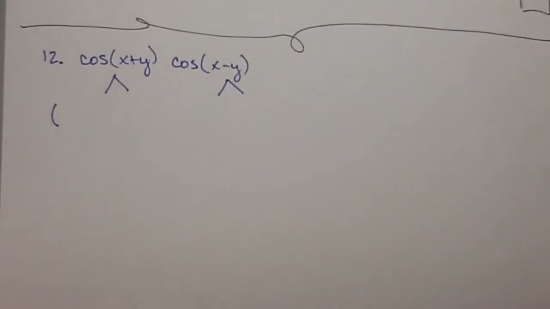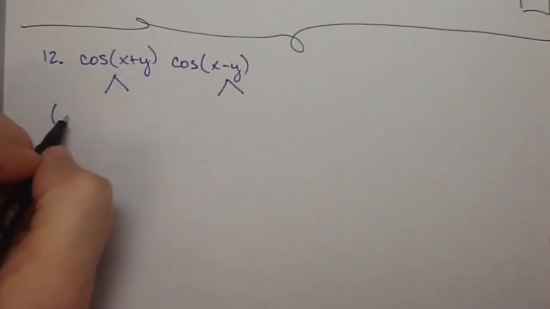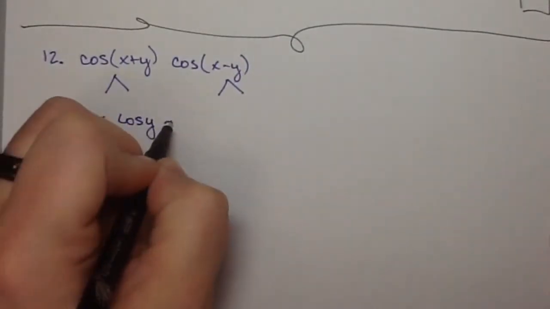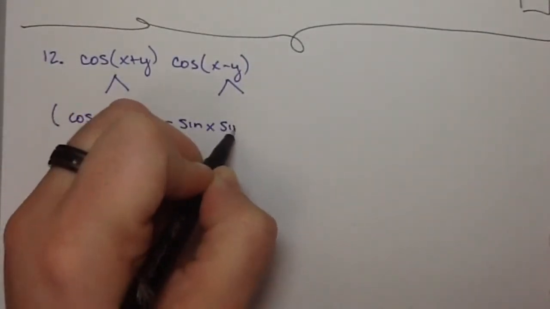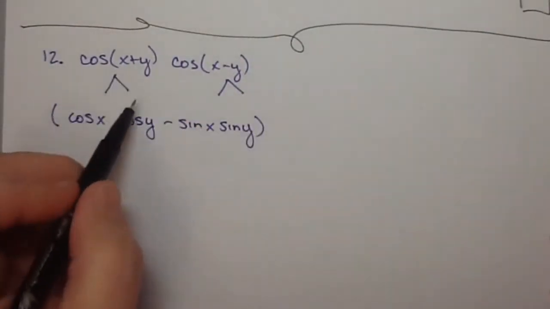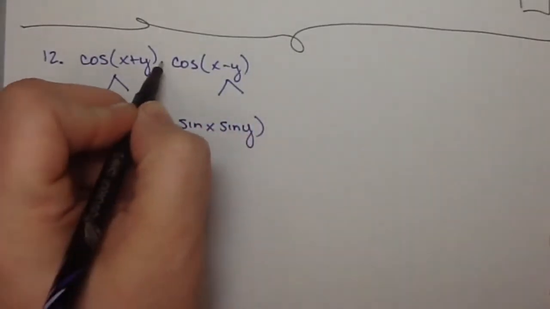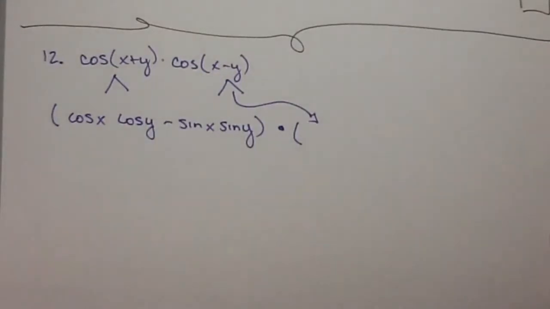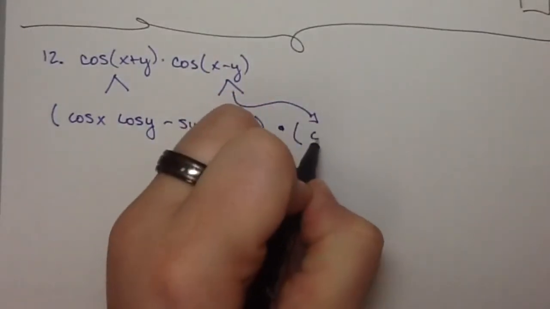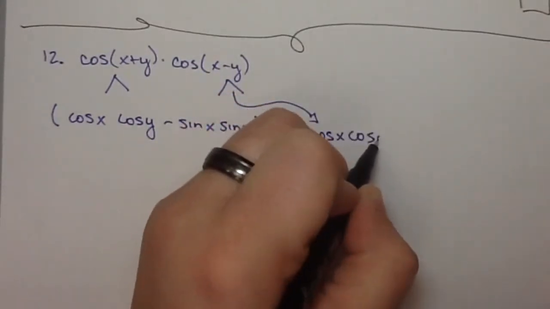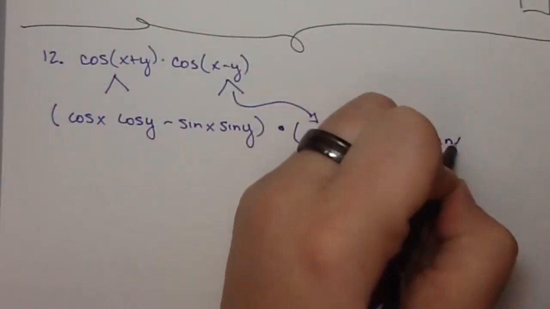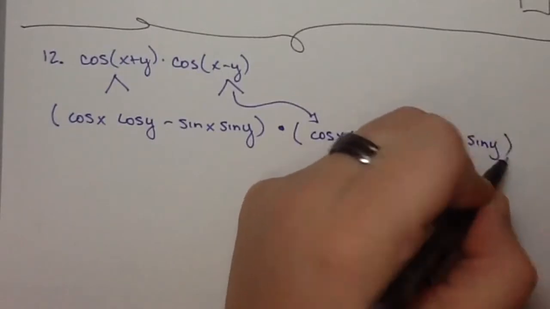The cosine of x plus y is cosine x cosine y minus sine x sine y. So that's an expansion. And this is a multiplication times this guy, which is cosine x cosine y plus sine x sine y.